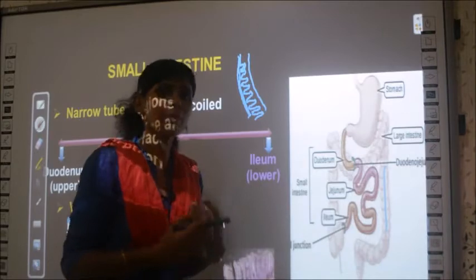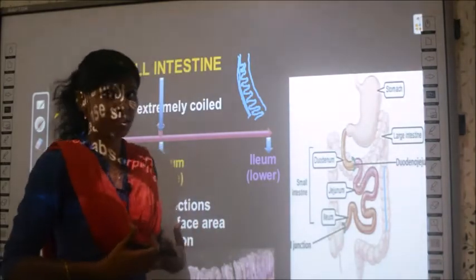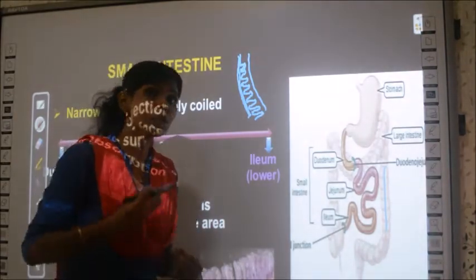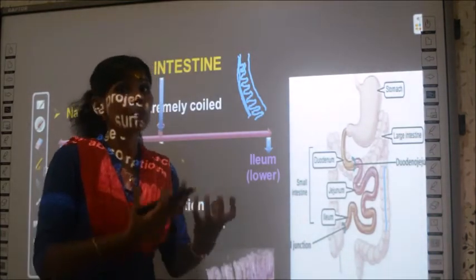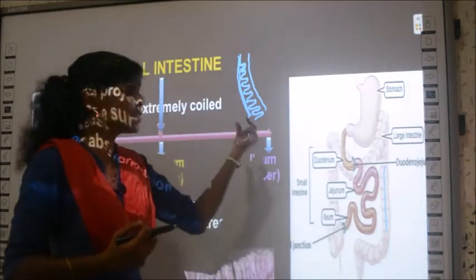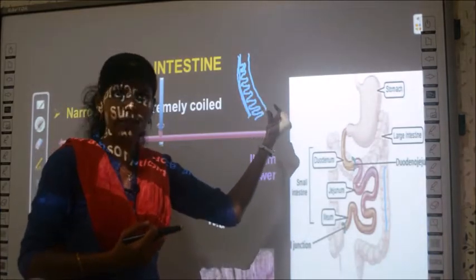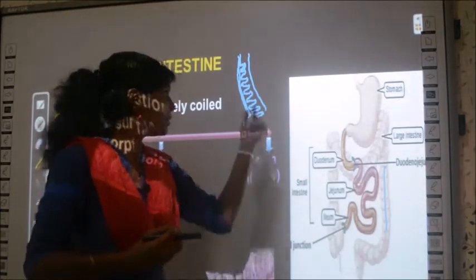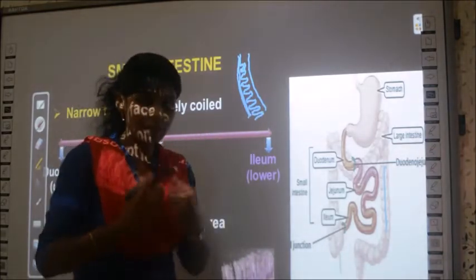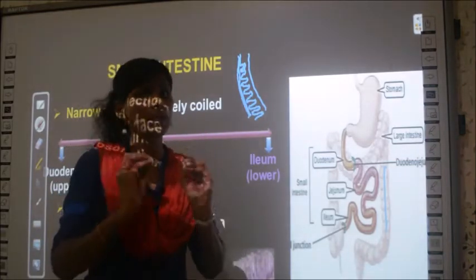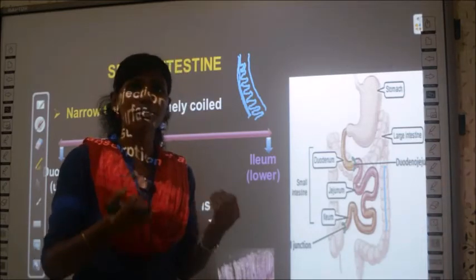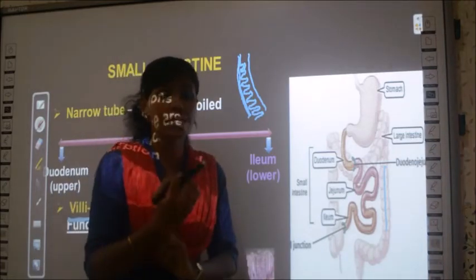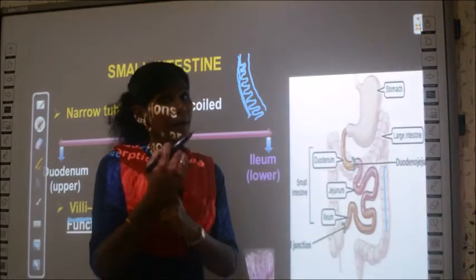By this time most of the food is digested. The nutrients are absorbed into the blood in the villi. The villi will absorb the nutrients and send them to the blood, so the nutrients are finally released into your bloodstream.